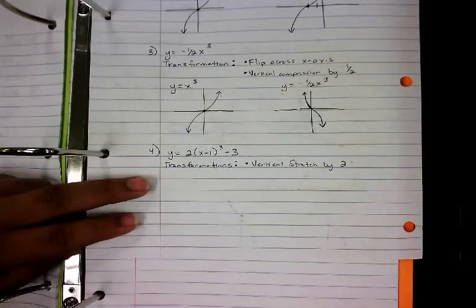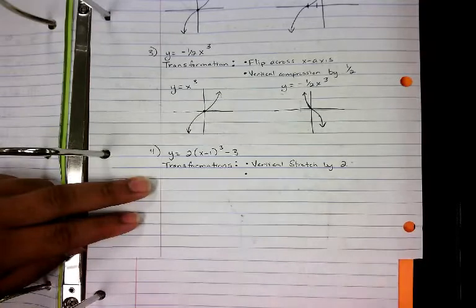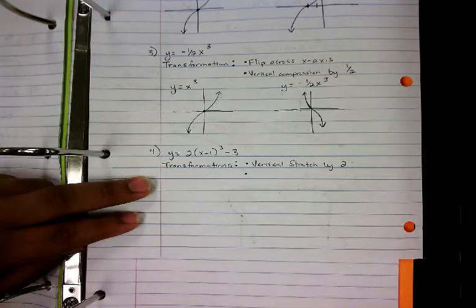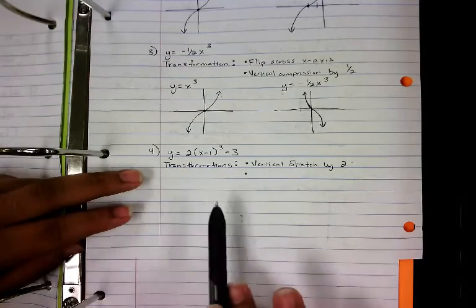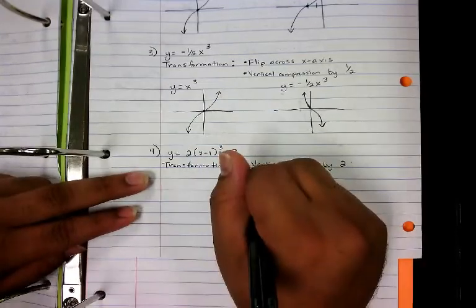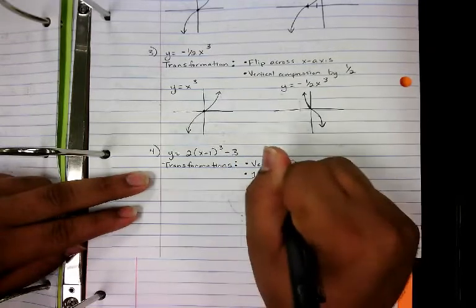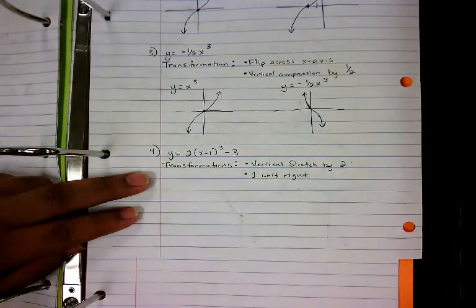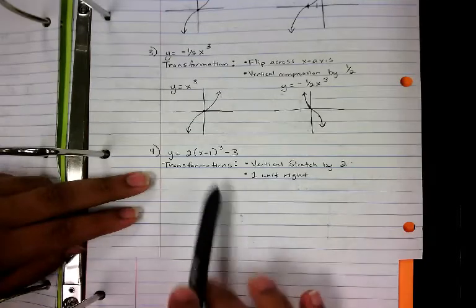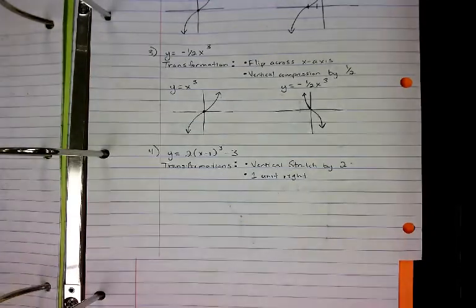Then you see in parentheses x minus 1. Remember, x minus h goes to the right. So x minus 1 is 1 unit right. And then out here, this is K. So we're looking at this again.